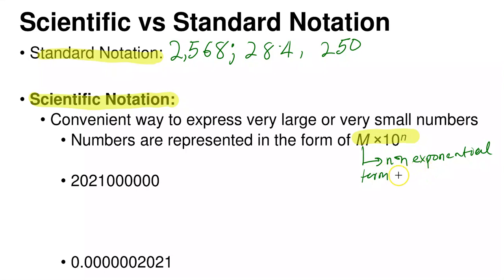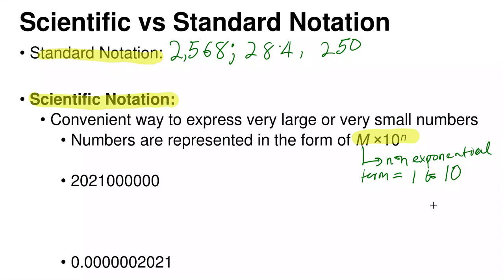And this number has to be between 1 and 10. It can't be 10. Let's just put it: 1 to 10. It cannot be 10, but it can be 1. So anything in between those two.